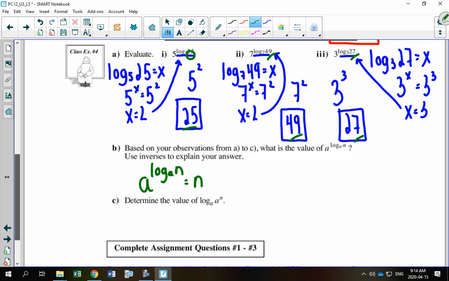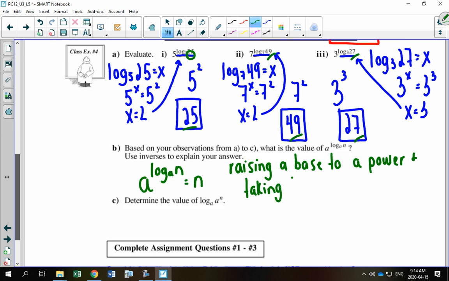So in your notes, you would say raising a base to a power and taking the log to the same base are inverse operations.